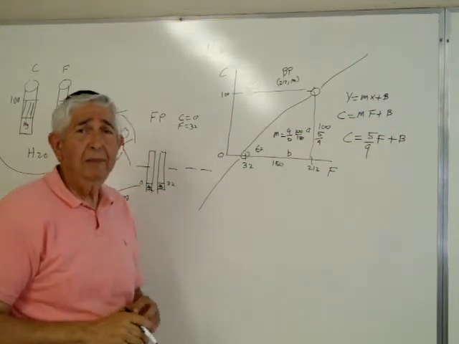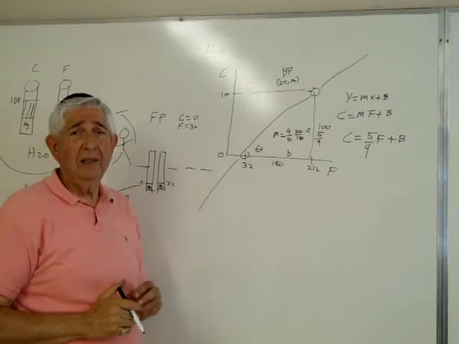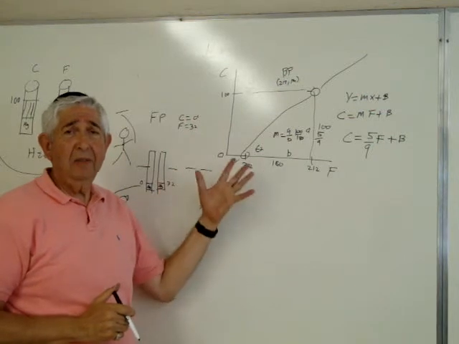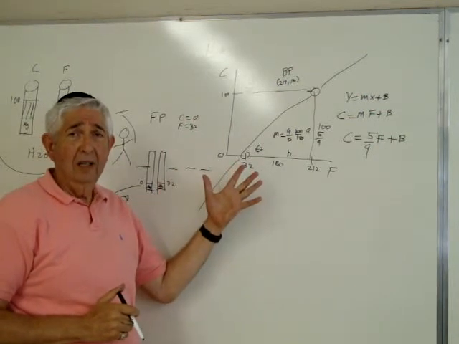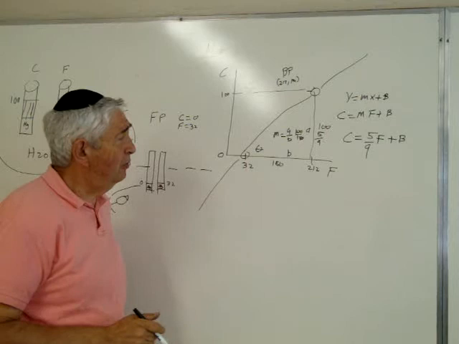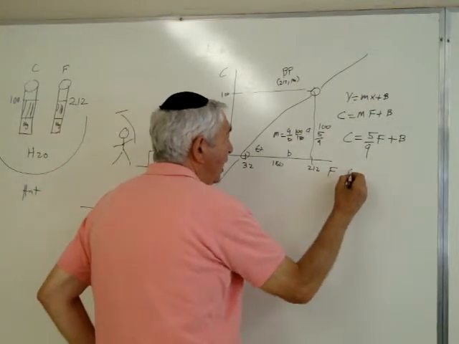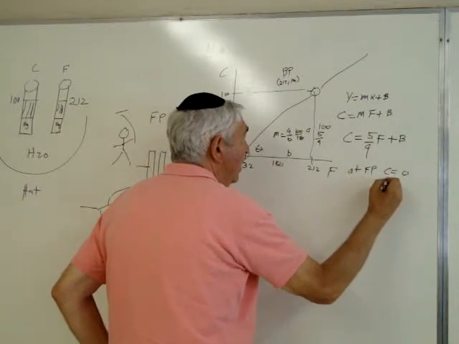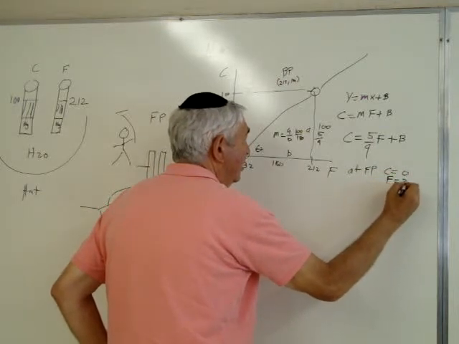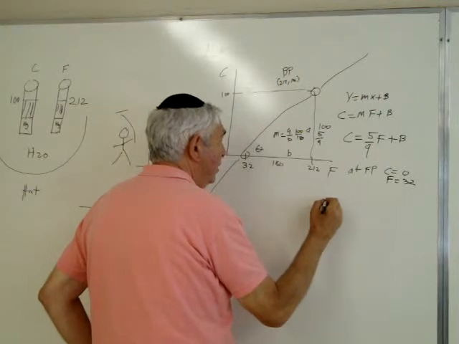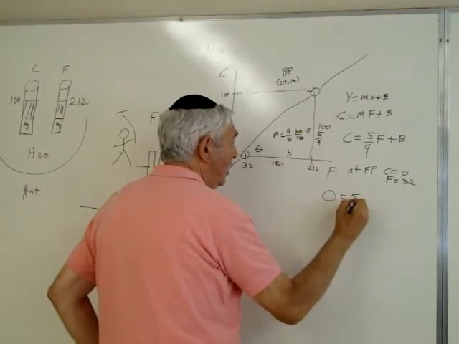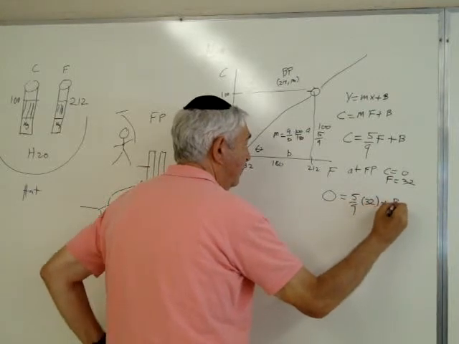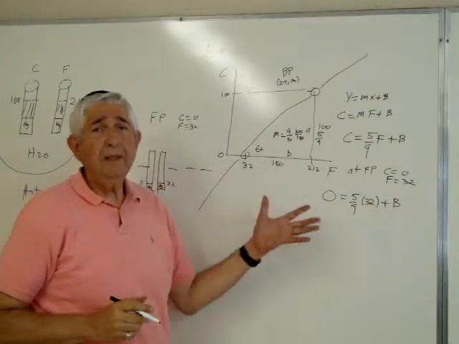Now what is b? b is the y-intercept. How will I find b? These 2 points have to be on a straight line. Okay, so I'm going to pick the freezing point. At the freezing point, C equals 0, F equals 32. So this equation becomes 0 equals 5/9 times 32 plus b. Alright, what's b?